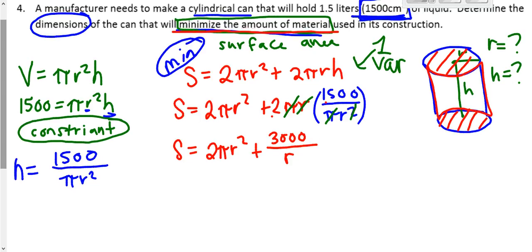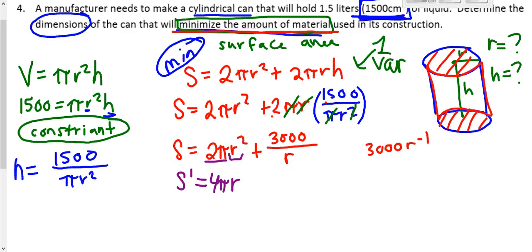So let's take our derivative. The derivative of S. Remember, 2 pi is a number, so we're really just taking the derivative of r squared. So that's 4 pi r. Then we have 3,000 over r. Remember, when we're taking our derivative, it's easiest to have exponents. So we have 3,000, and if we rewrite 1 over r, we have an exponent of -1.